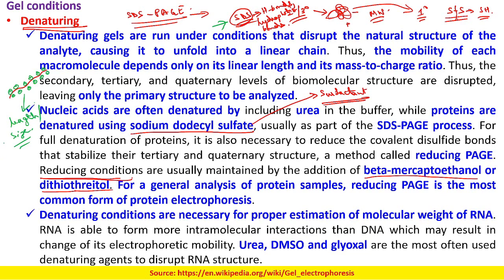Because now you will be converting all the proteins so that they have the negative charge, so all of them will have the same charge. So even though you are using the electrical field, you are basically separating the proteins based on their sizes.